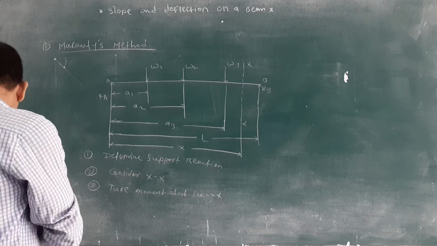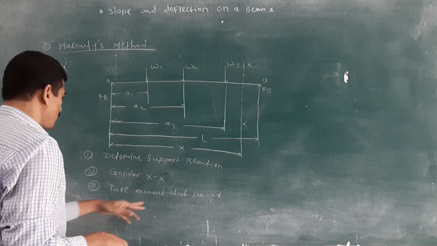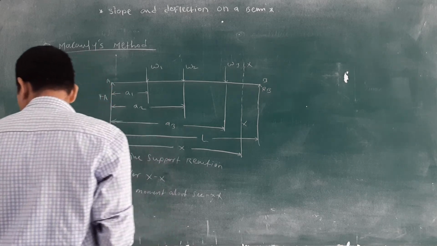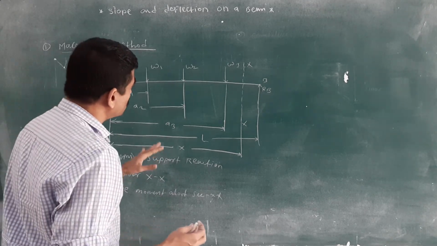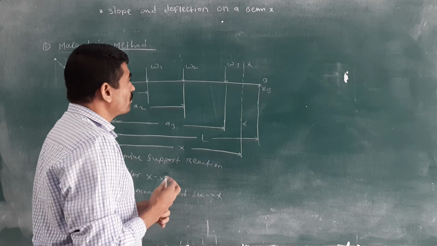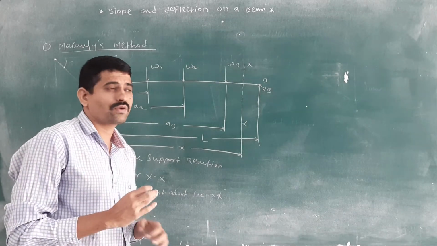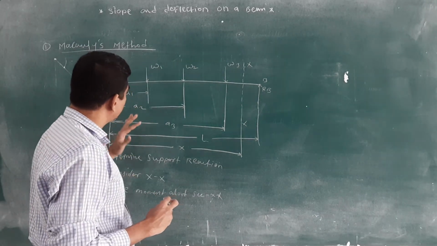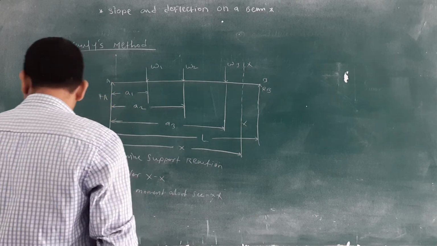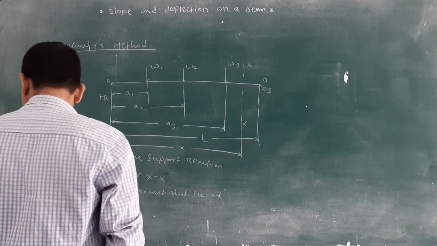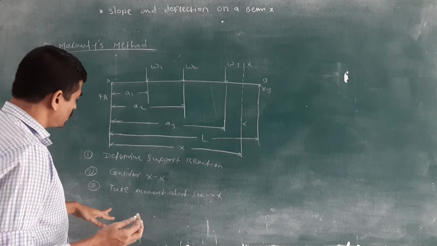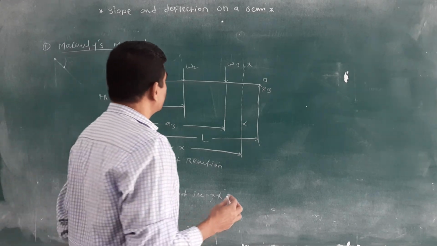You have to take the moment of all forces about the section XX. We have seen that there are two moments, sagging moment and hogging moment. You have to consider sagging as positive and hogging as negative. Already we have seen.